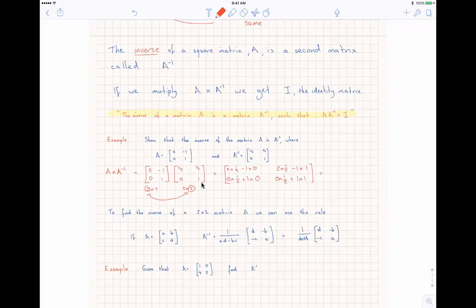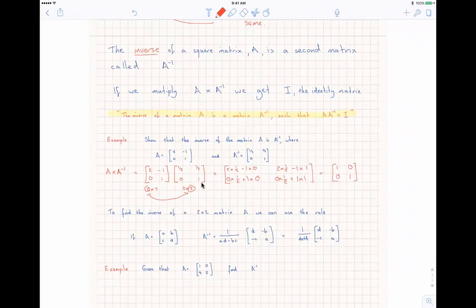If we evaluate that, the first value becomes 2 times a half is 1, minus 0 is just 1. The next value, 2 times a half is 1, minus 1 is 0. Next value, 0 times a half is 0, plus 0 is 0. And lastly, 0 times a half is 0, plus 1 times 1, which is just 1.